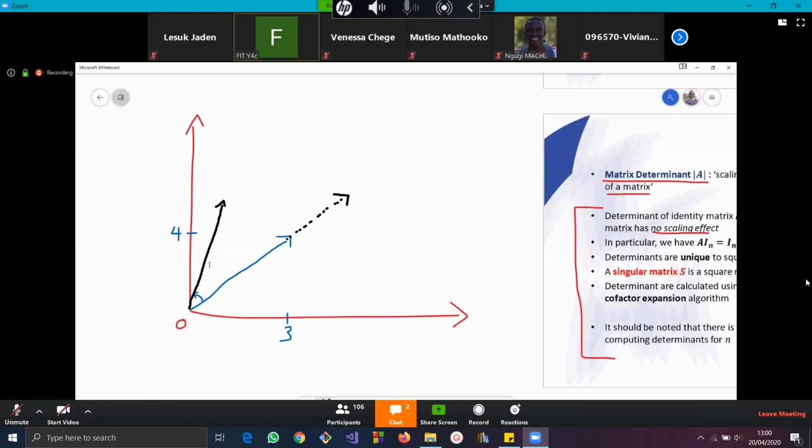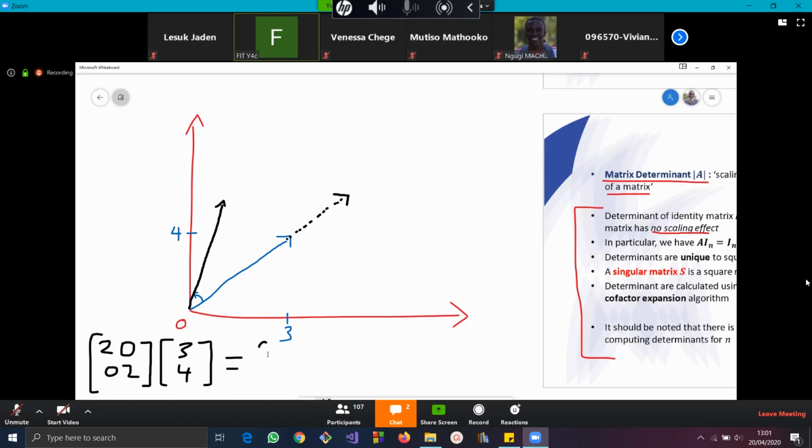So anytime you multiply a vector, like this one, vector 3, 4, with a matrix, say matrix 2, 0, 0, 2. Okay, I hope you remember how to multiply matrices. 2 times 3, which is actually 6 plus 0.